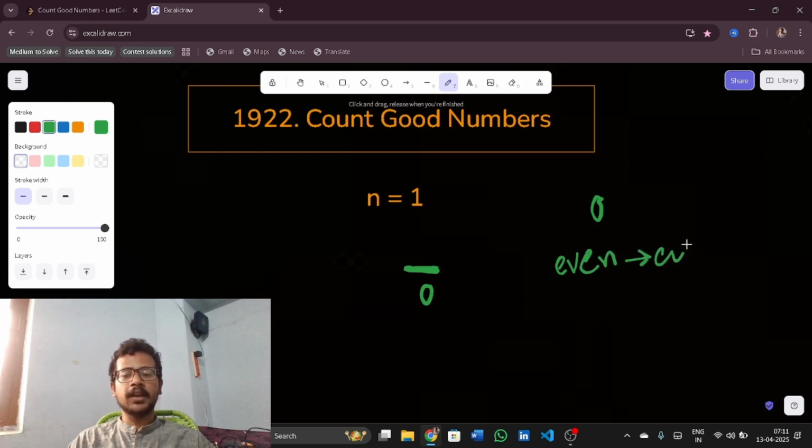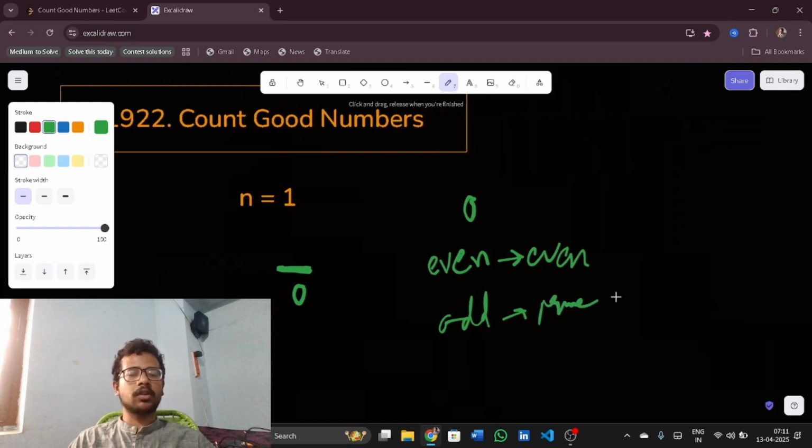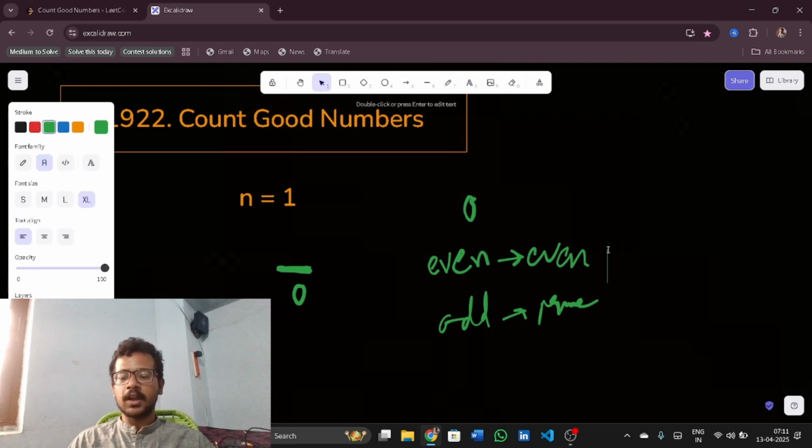At even indices I need even numbers, and at odd indices I need prime numbers. For clarity, let me write what the even numbers are: 0, 2, 4, 6, and 8.